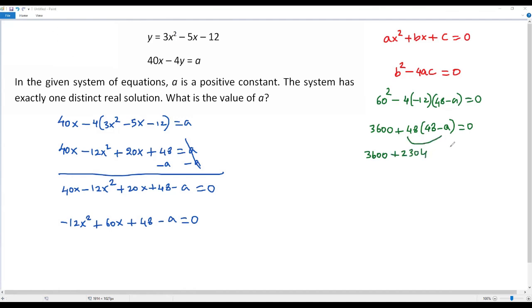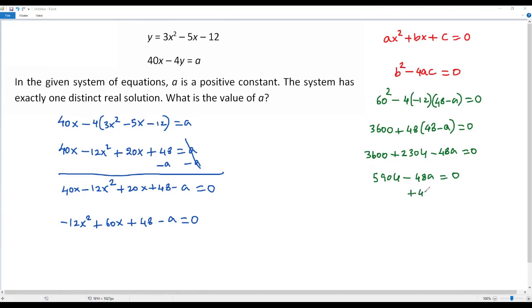When I distribute this 48 to the negative a, I'm getting negative 48a equals 0. Now let me simplify 3600 and positive 2304. Then I'm getting 5904 minus 48a equals 0.